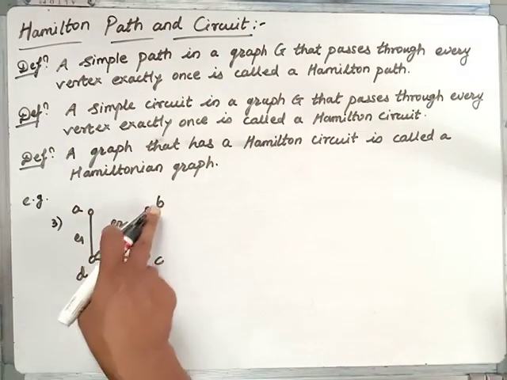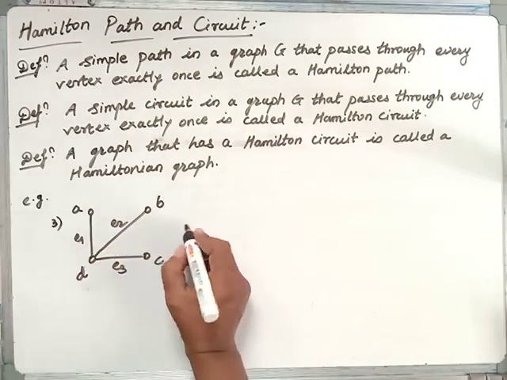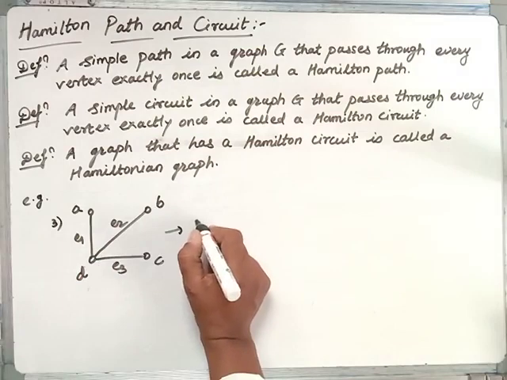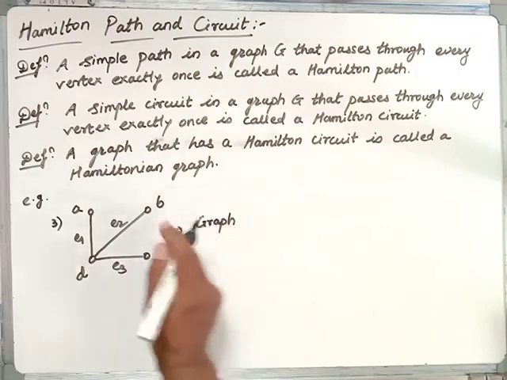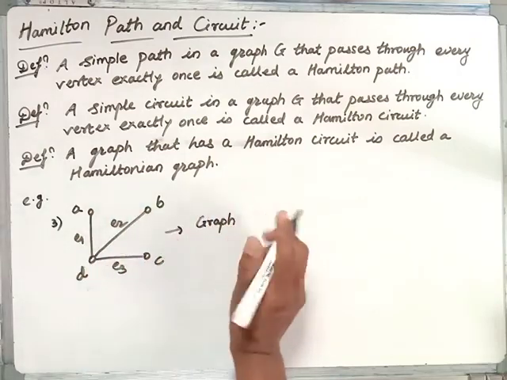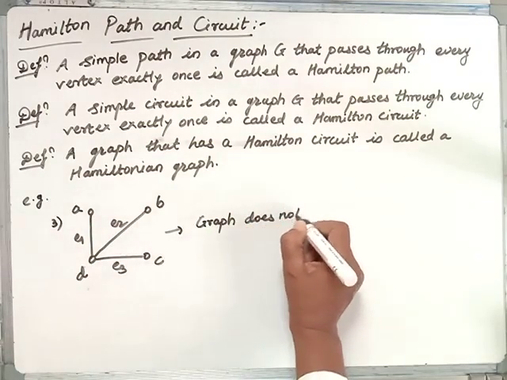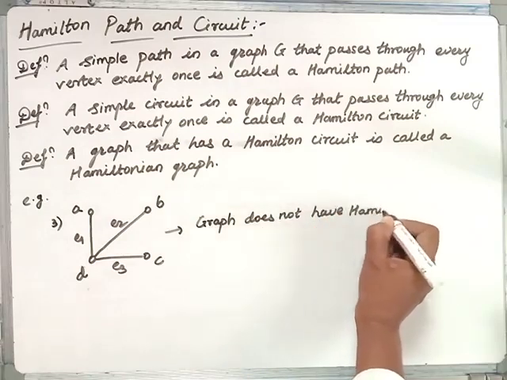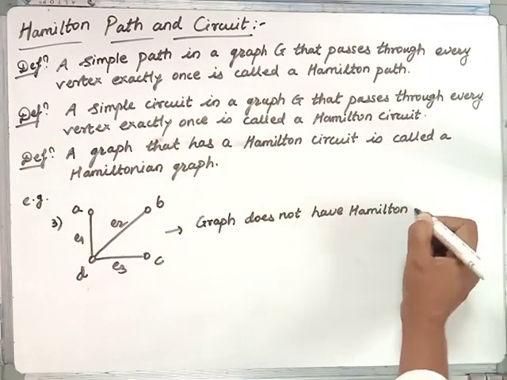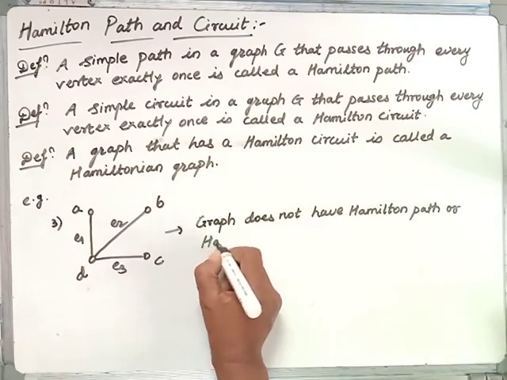A to A, D to B, then C will not come. So this graph has neither a circuit nor a path. This graph does not have a Hamilton path or Hamilton circuit too.